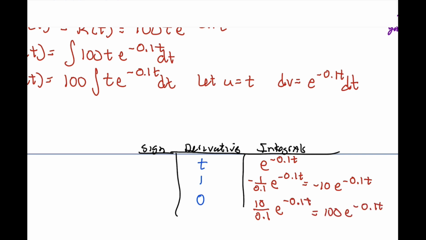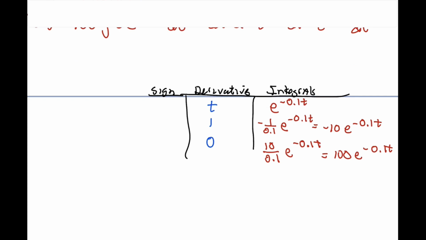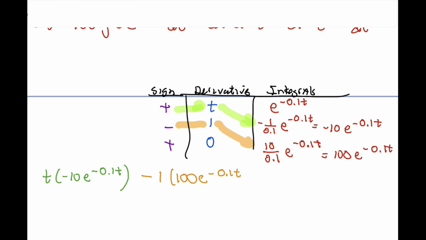And now remember, signs alternate: positive, negative, positive. To put this together, we go over and across, over and diagonal. So that's t times that -10e^(-0.1t), minus that 1 times the 100e^(-0.1t), plus C.